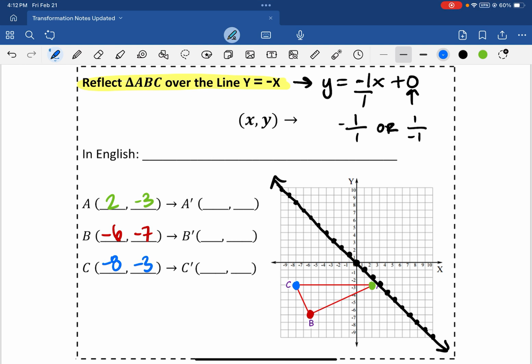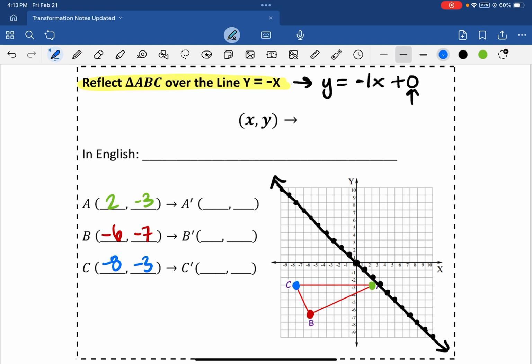Okay, now when we are reflecting over this new type of line, this is a different line than the one that we did before. It's -x, not x. There is a rule that we can follow when reflecting over this specific line, and this is the rule.